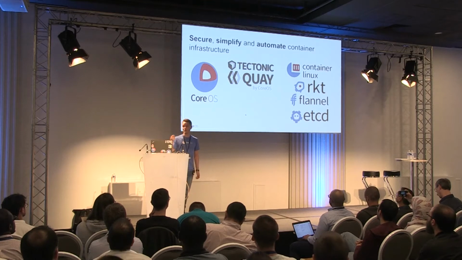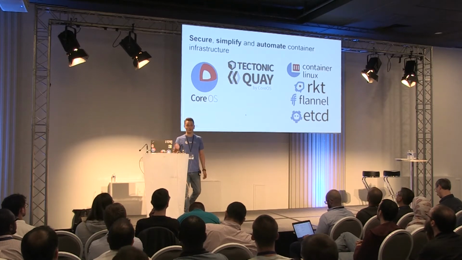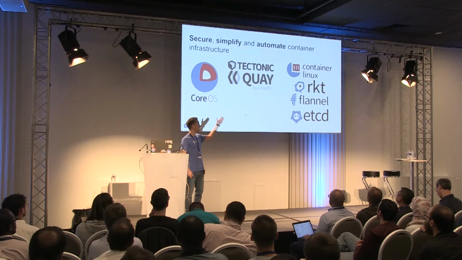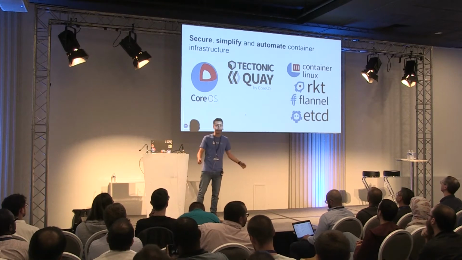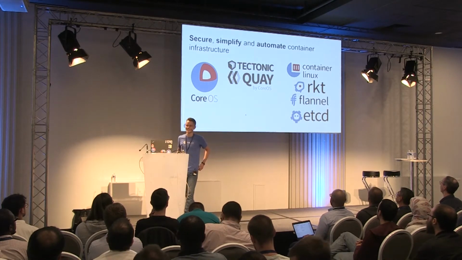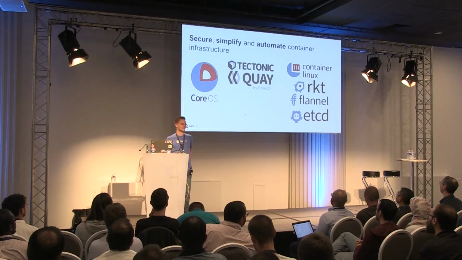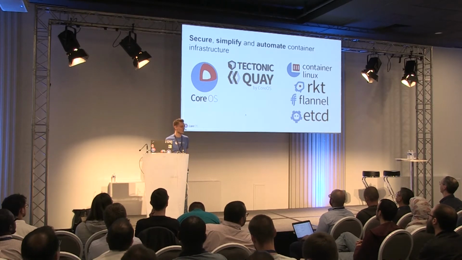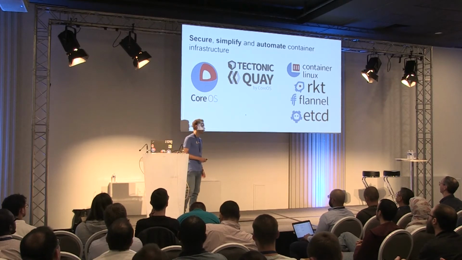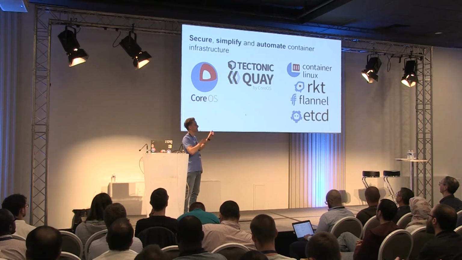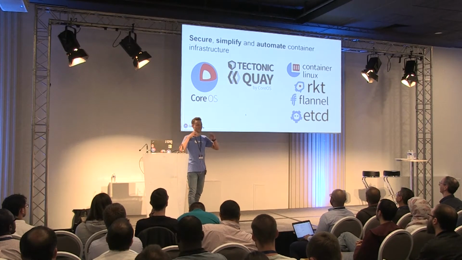Now, what we're probably most well known for is our open source projects. So, for example, Container Linux, back in the time that was CoreOS, where the name actually came from. It's a very basic Linux distribution for running your container infrastructure. The most asked question here is not the system that runs inside of your container, but your host system underneath. Then we have Rocket as a container engine.